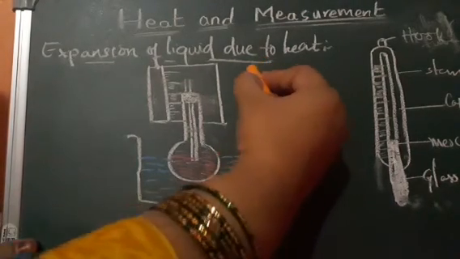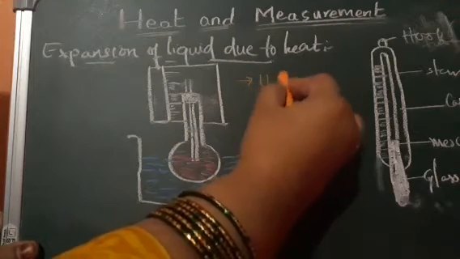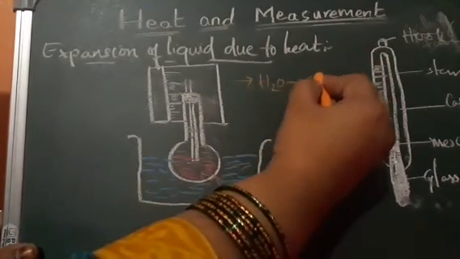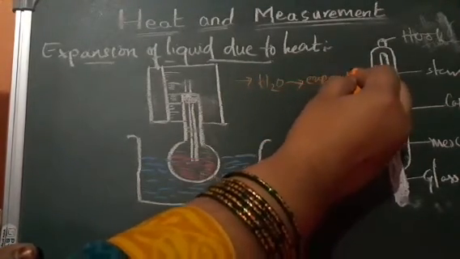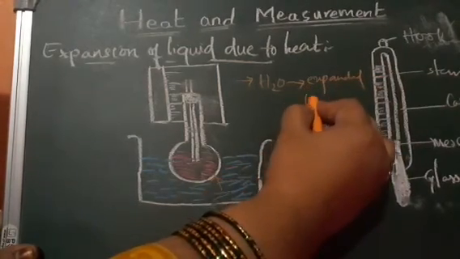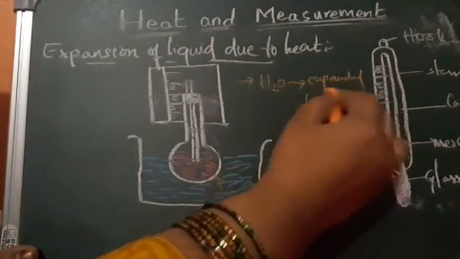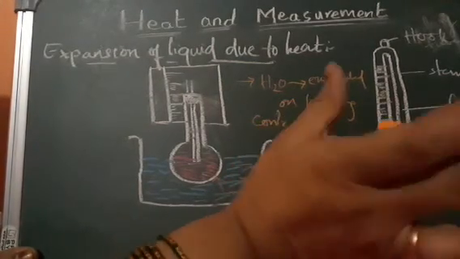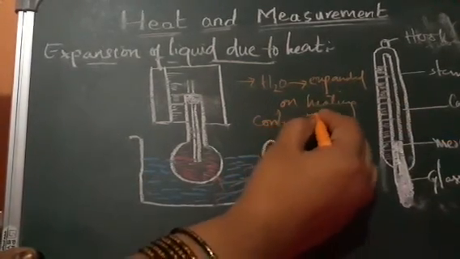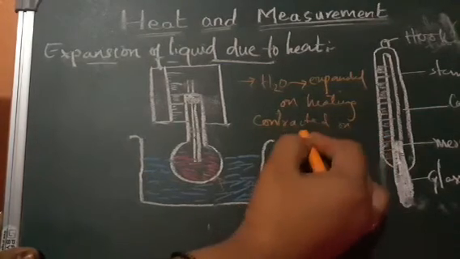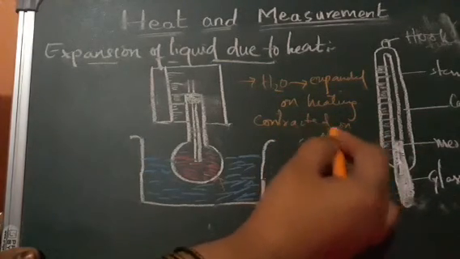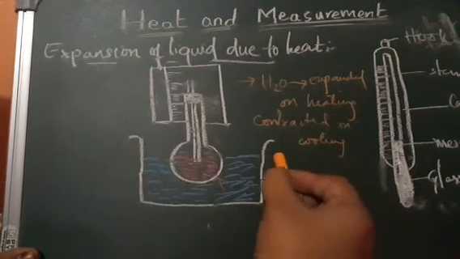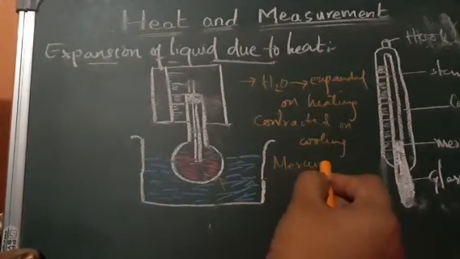That means the water gets expanded on heating, and it gets contracted, that is, it comes closer, when it gets cool. Same thing happens with another example we can say, mercury.